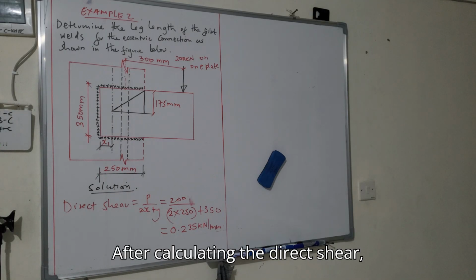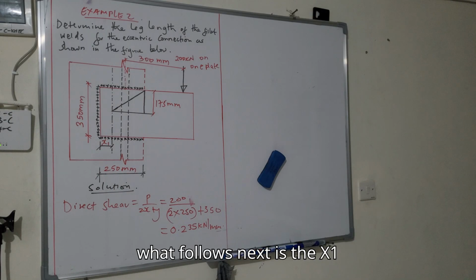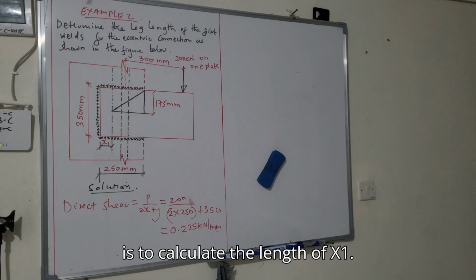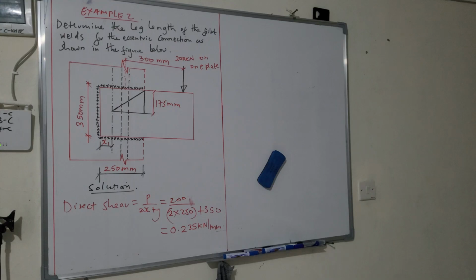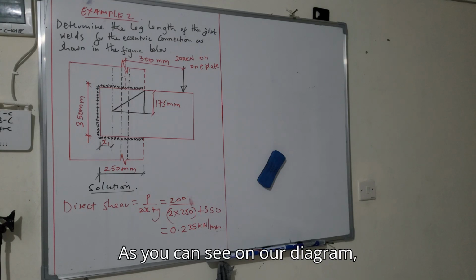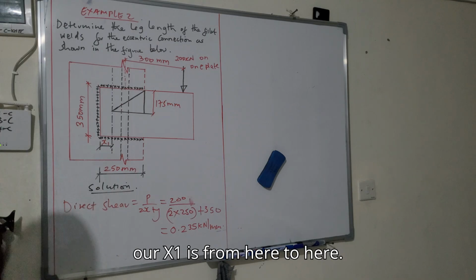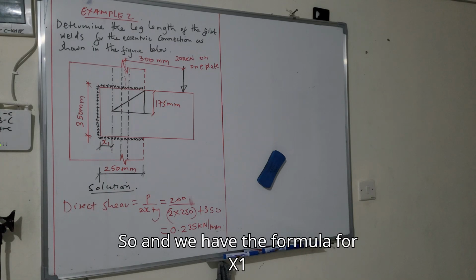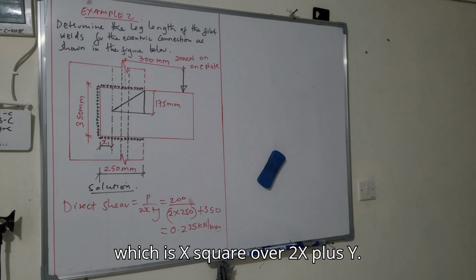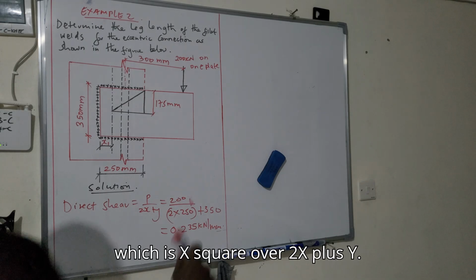After calculating the direct shear, what follows next is to calculate the length of x1. As you can see on our diagram, our x1 is from here to here. The formula for x1 is x squared over 2x plus y.